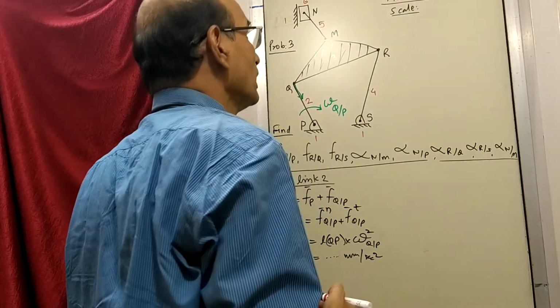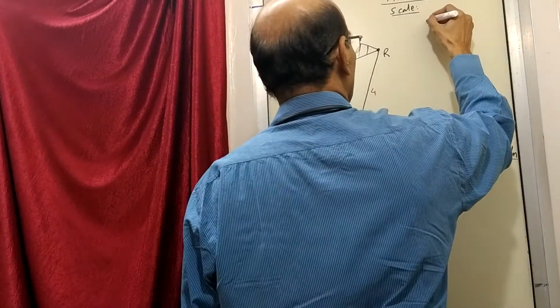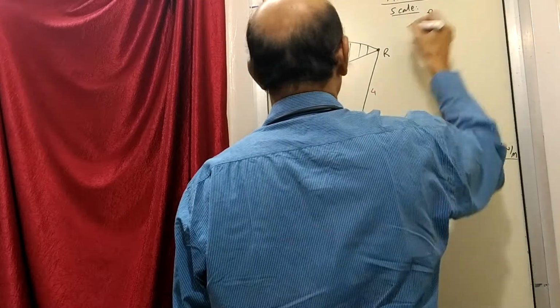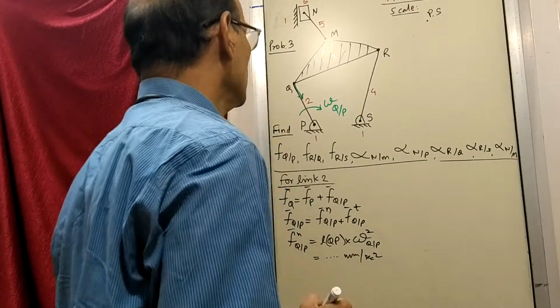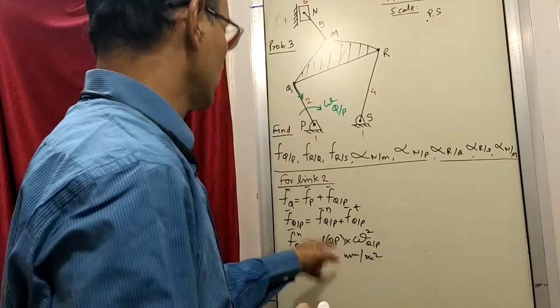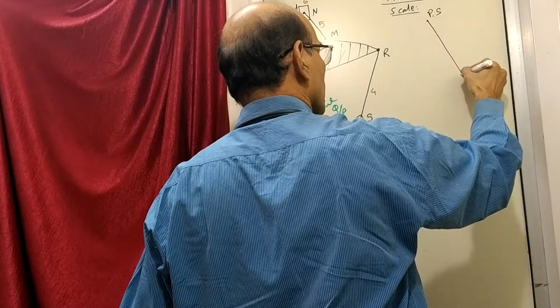Acceleration polygon will start. We'll set some scale, and then we will start maybe somewhere from here, calling this point small p and small s. Then we draw this vector, the normal vector, in this direction, maybe something like this.